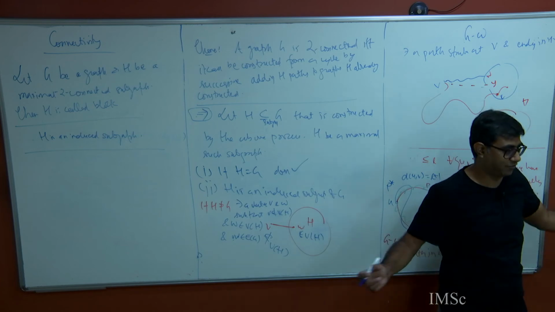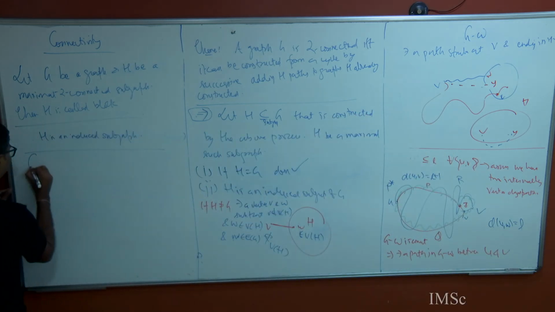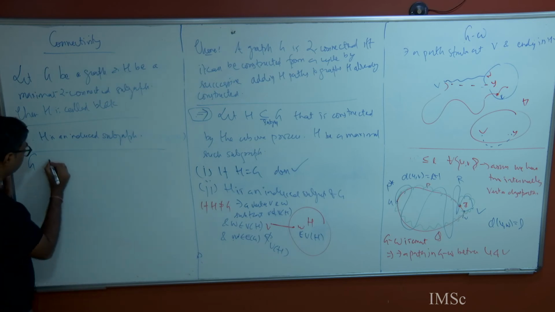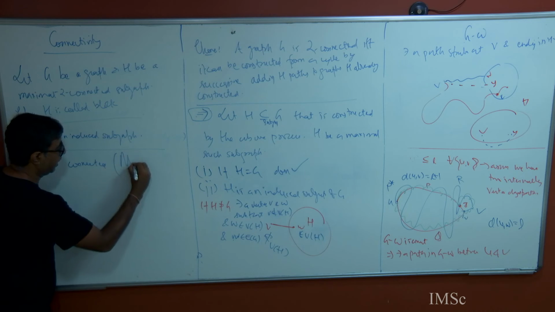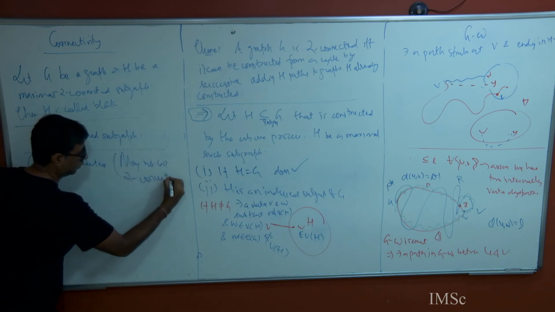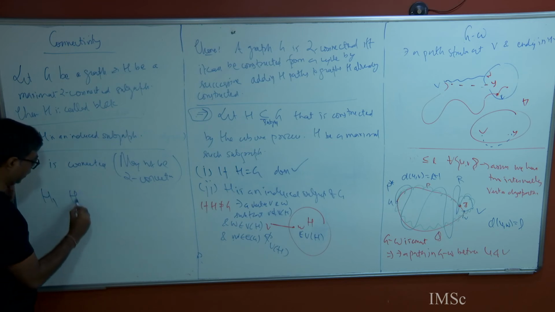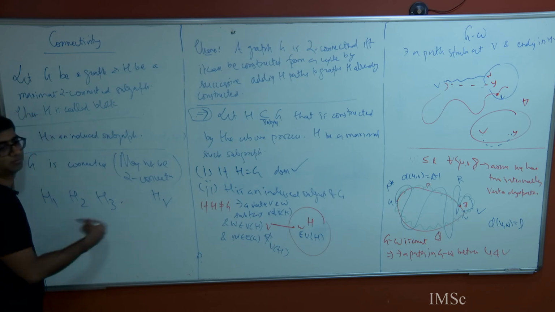So there are some H's. Let's say G is connected. I'm not assuming G is two connected for now. It may not be two connected. Let's compute these maximal two connected subgraphs. So first of all, H1, H2, H3, up to Hr.